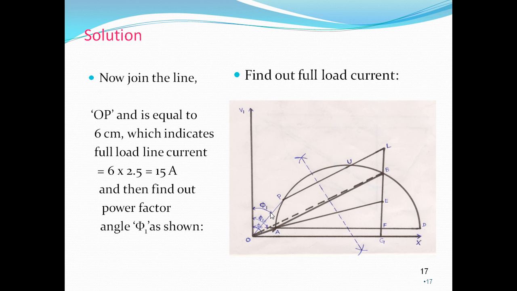Suppose you want to calculate the maximum output. First we have to know which is the output line. Output line is AB.